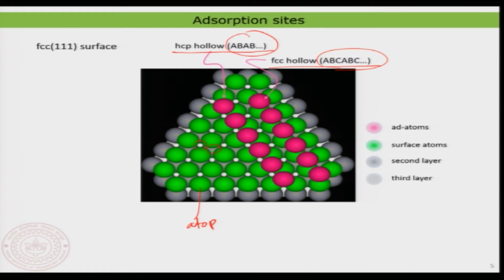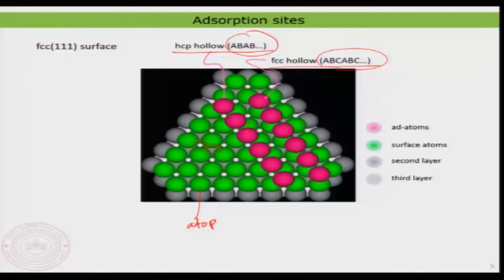Yeah. So, that is basically the point. These sites are not equi-energetic in terms of their adsorption. Depending on the material, there can be slight differences in the energy, but they are very close in terms of the coordination, because both sites would offer basically 3 coordination to the atom that is adsorbing on the surface. So, that is the key point here.